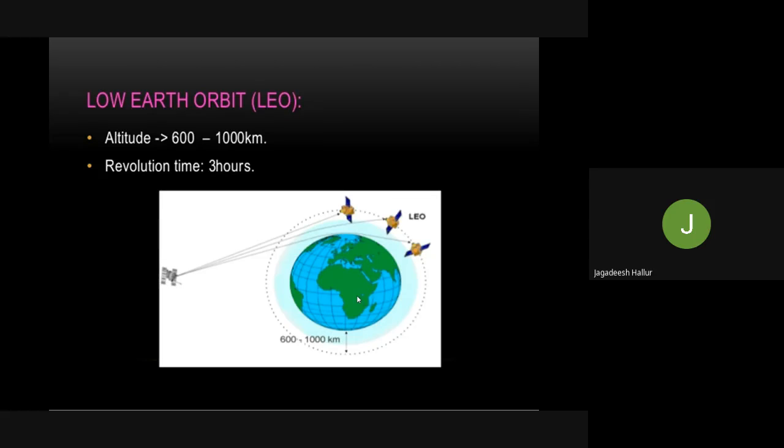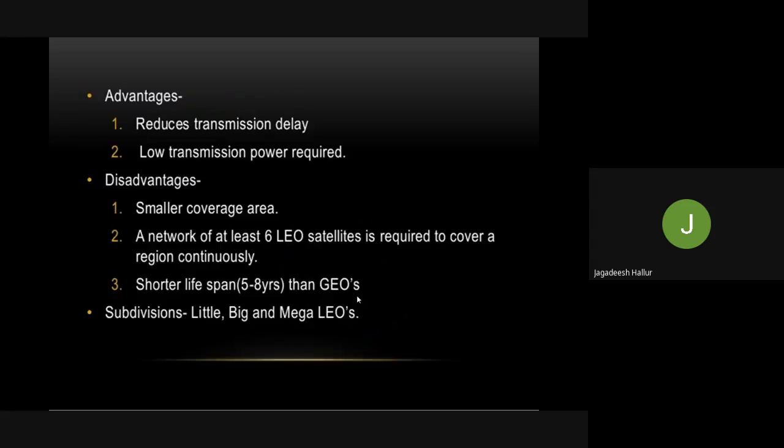And what are the advantages of low Earth orbit? It reduces the transmission delay. Whatever signal you are getting from the satellite, the delay will be a little bit less.